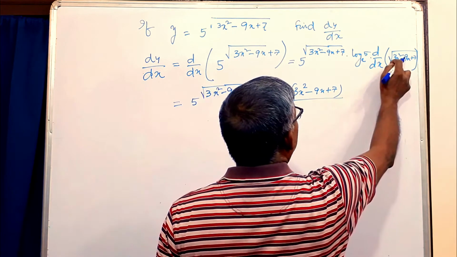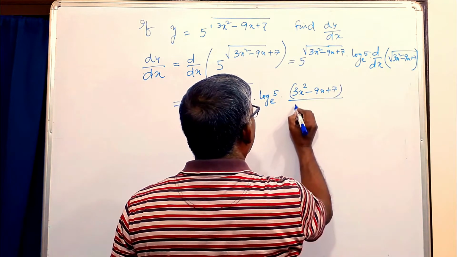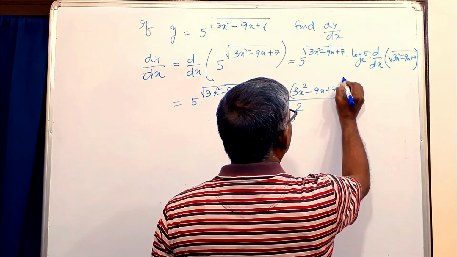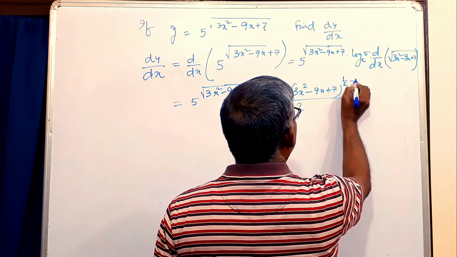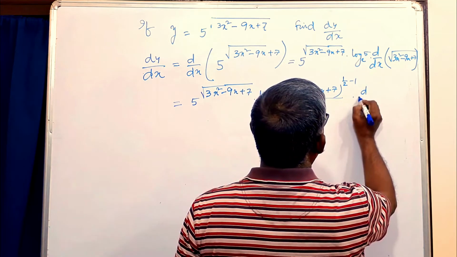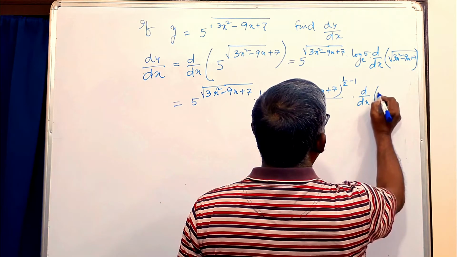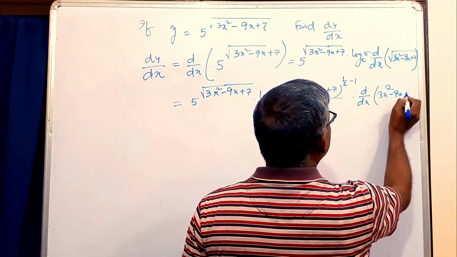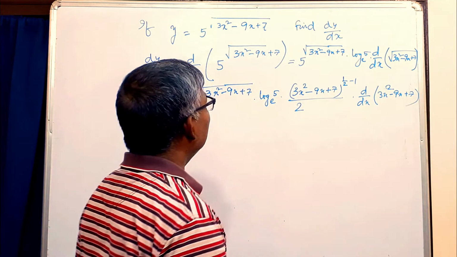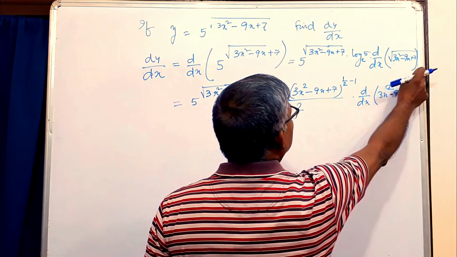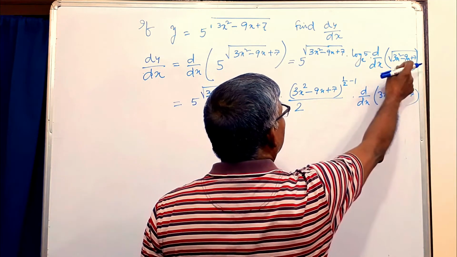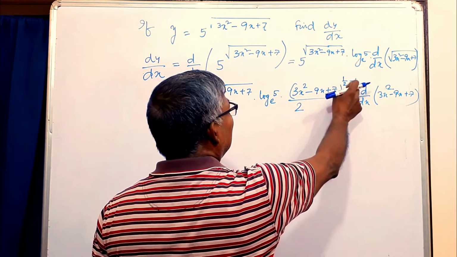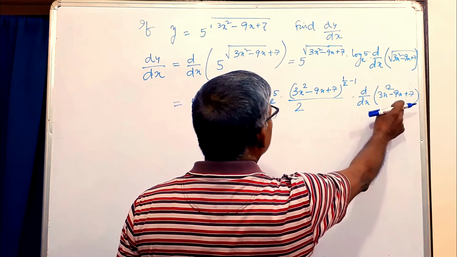It is whole to the power half, so it will be n into half, here n means 1 by 2, into half minus 1 into d/dx of 3x square minus 9x plus 7. Here you have to get the derivative of this. Here you see the derivative of a function whole to the power half, so half into n minus 1 into the derivative of the function.